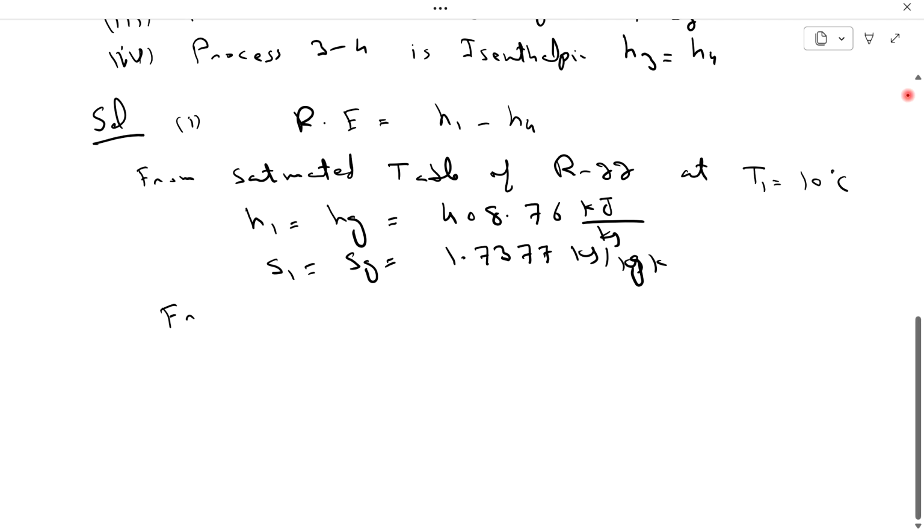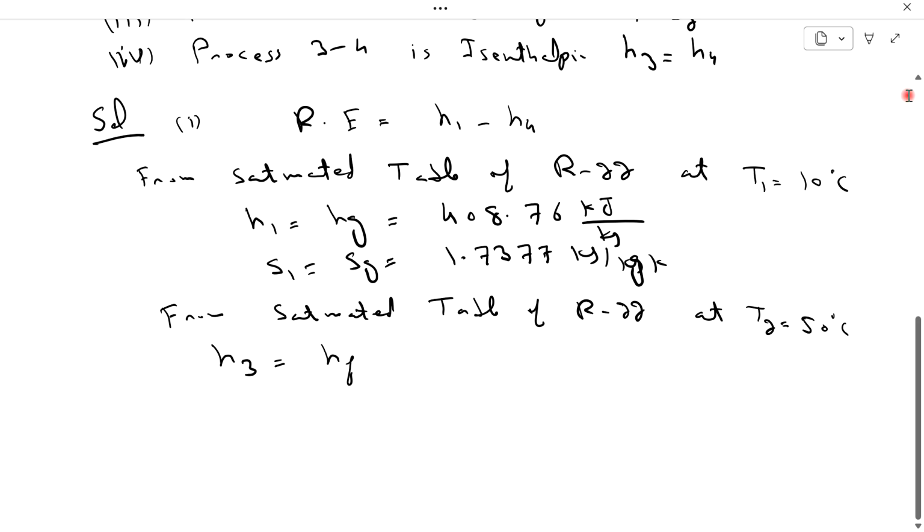From the saturated table of R22 at the high temperature of 50 degrees centigrade, H3 is equal to Hf, and H3 is also equal to H4 because this process is isenthalpic. This is equal to 262.27 kilojoule per kg.